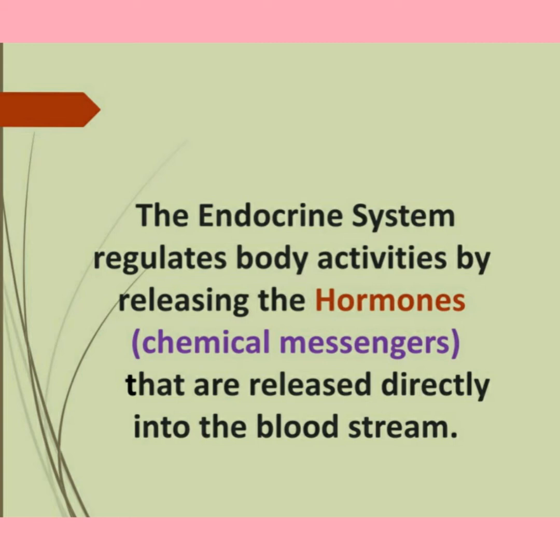As we know, we were discussing the endocrine system, and the endocrine system regulates the body activities by releasing hormones. Hormones are chemical messengers that are released directly into the bloodstream, and from the bloodstream they are carried throughout the entire body.